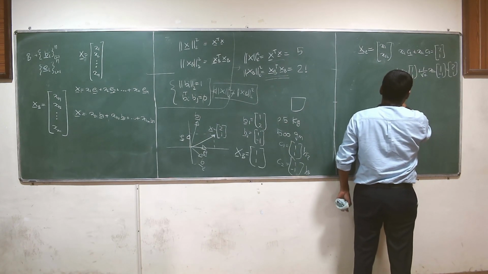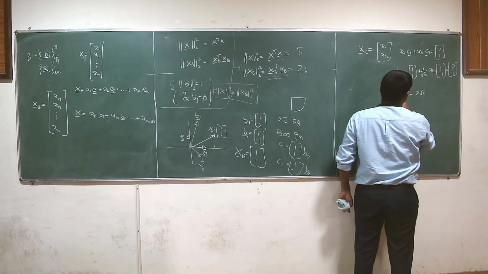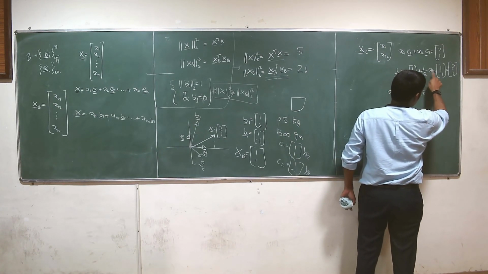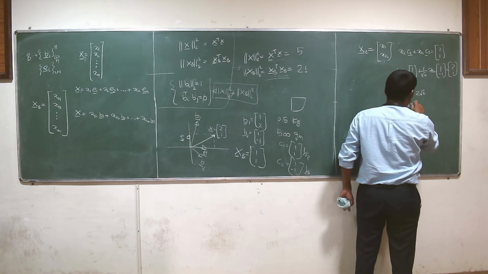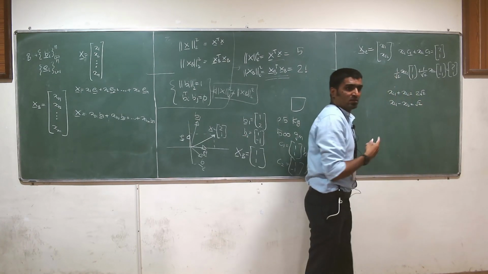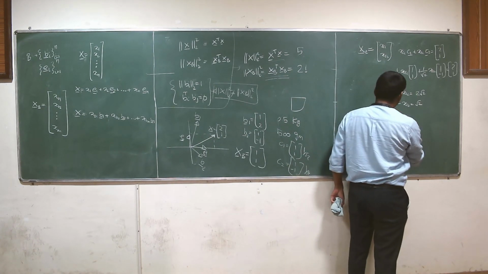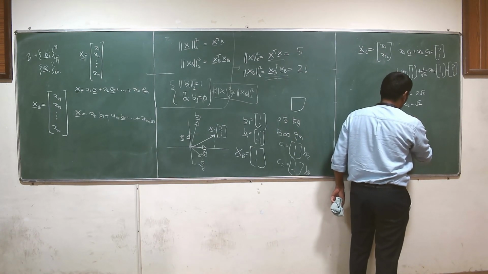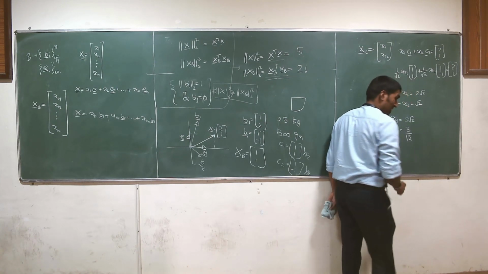That means we have two equations: xc1 plus xc2 equals 2 root 2, and xc1 minus xc2 will be root 2. If we solve for this, 2 times xc1 will be 3 root 2, so xc1 will be 3 by root 2.